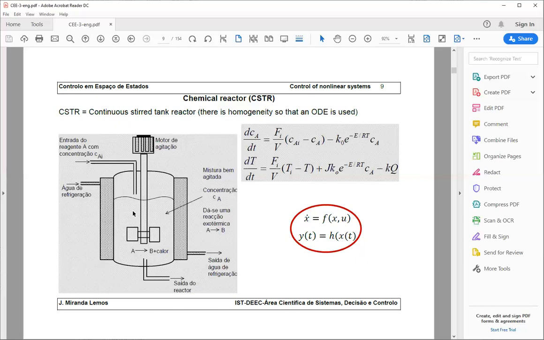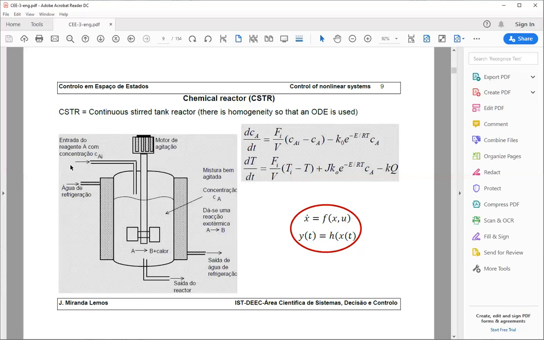The importance of being stirred is that we are assuming that the liquid inside the tank reactor is homogeneous. So you can characterize it by just a finite number of state variables, say the composition of the liquid. If it is just one chemical species, then you can have just one state variable.